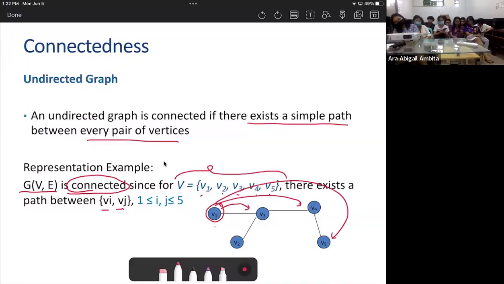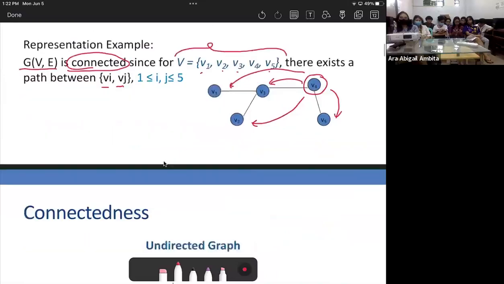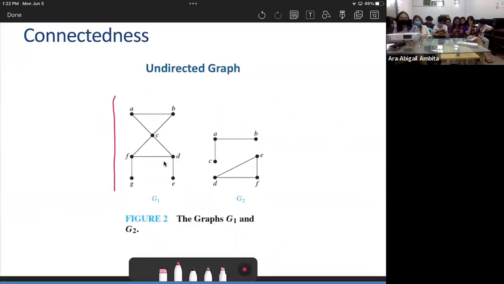So pag nasa V2 or V1, anywhere in the path, you can say that it is connected. Okay, so there is a way to go to any vertex. This graph G1 is connected since from any vertex you can go to any vertex.